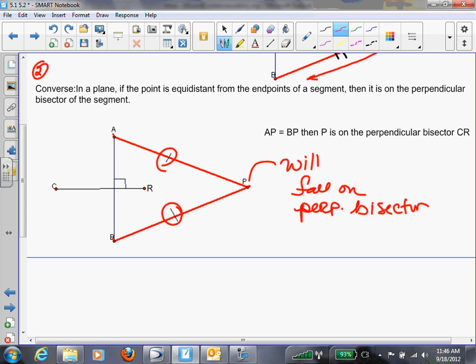I'm not showing you that if I extend segment CR all the way that it will intersect P, but we know it will given that AP and PB are congruent lengths. Does that make sense?